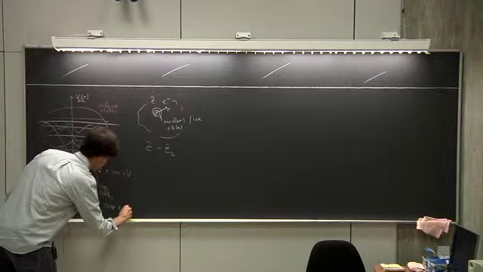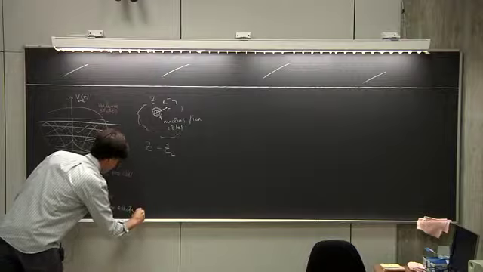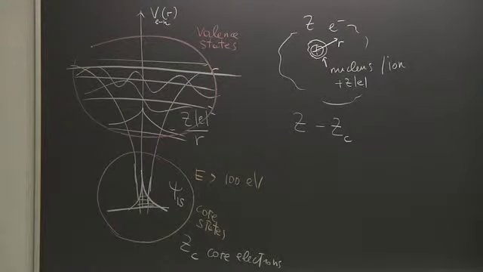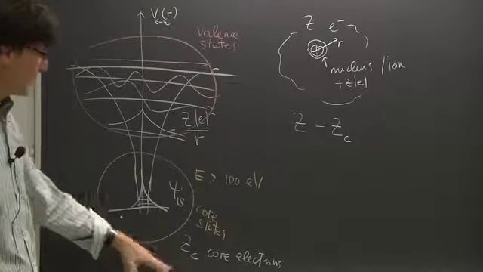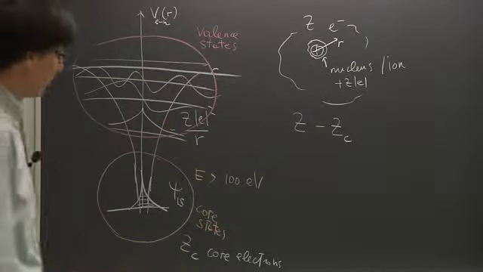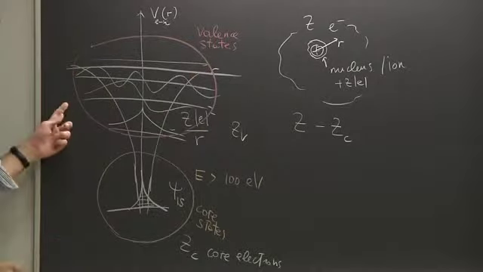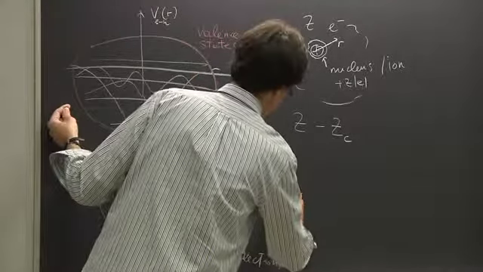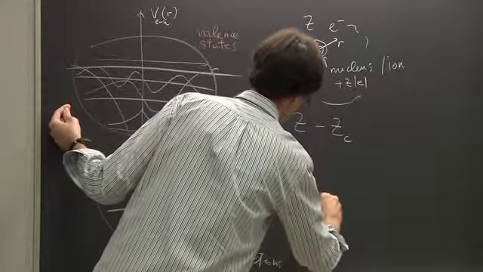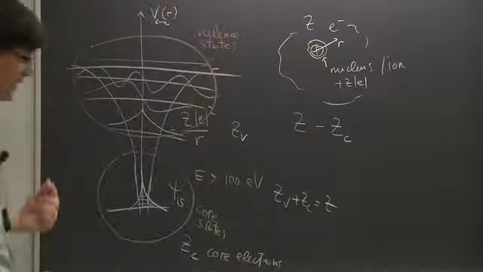Okay, so if you have a given number of electrons that I can approximate to be in the core, of course, there will be ZV electrons in the valence, and of course, ZV plus ZC must be the atomic number, right?